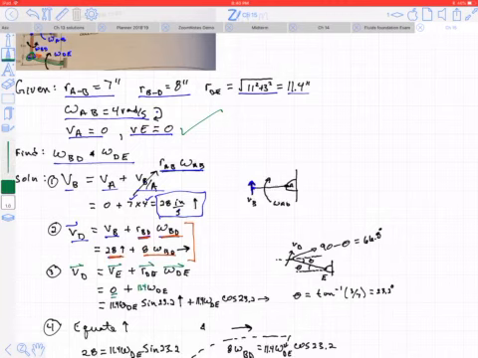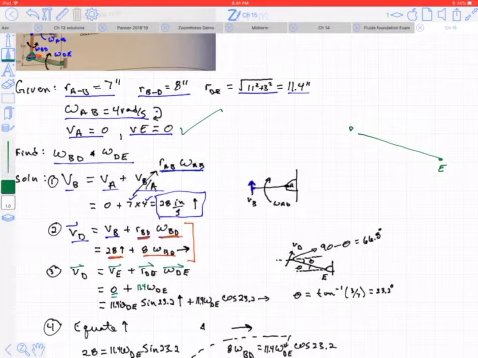So we have to figure out for that VD how much of this VD is in the x direction. So I'm just going to draw this right here. This is, oops, that's a bad drawing. This is bar DE.